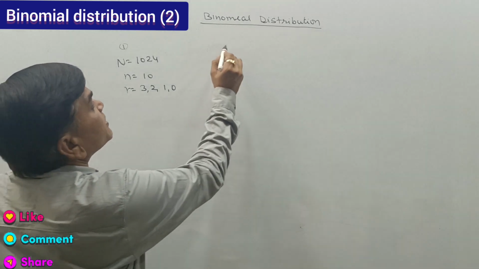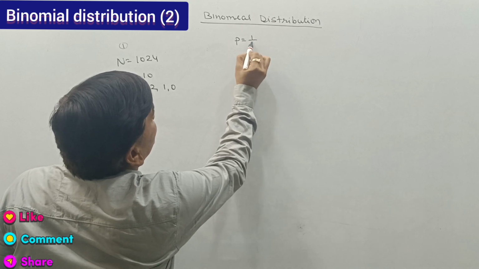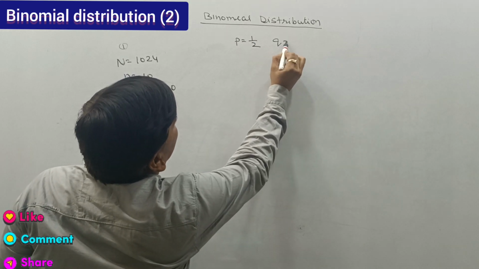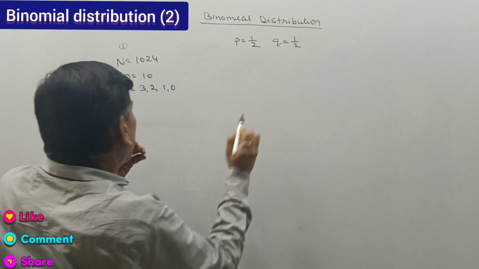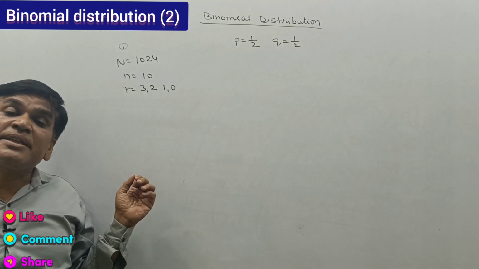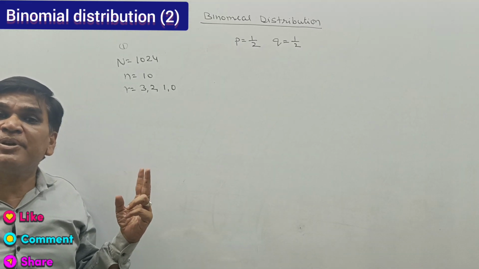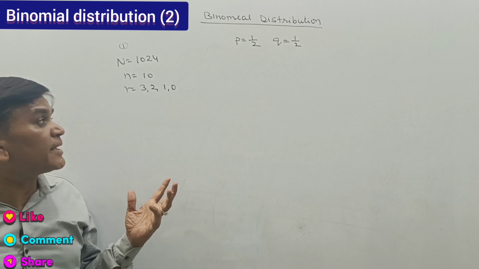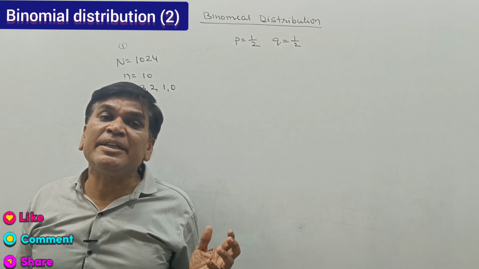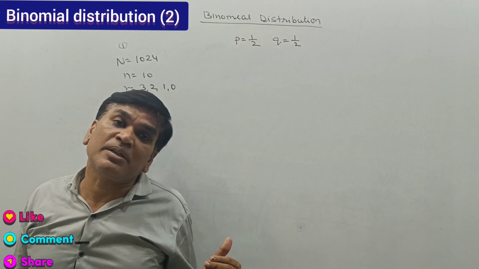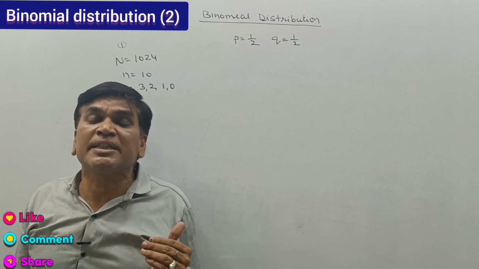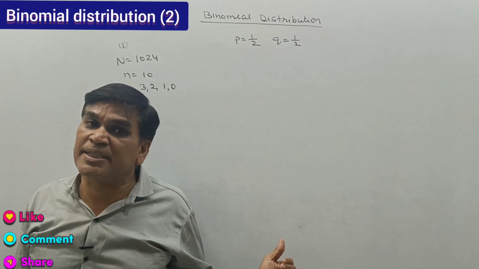So the probability of saying yes is 1 by 2, and the probability of saying no is also 1 by 2, because the answer will be yes or no. So there are 2 possibilities. How many investigators will report that 3 or less than 3 persons are watching this serial?